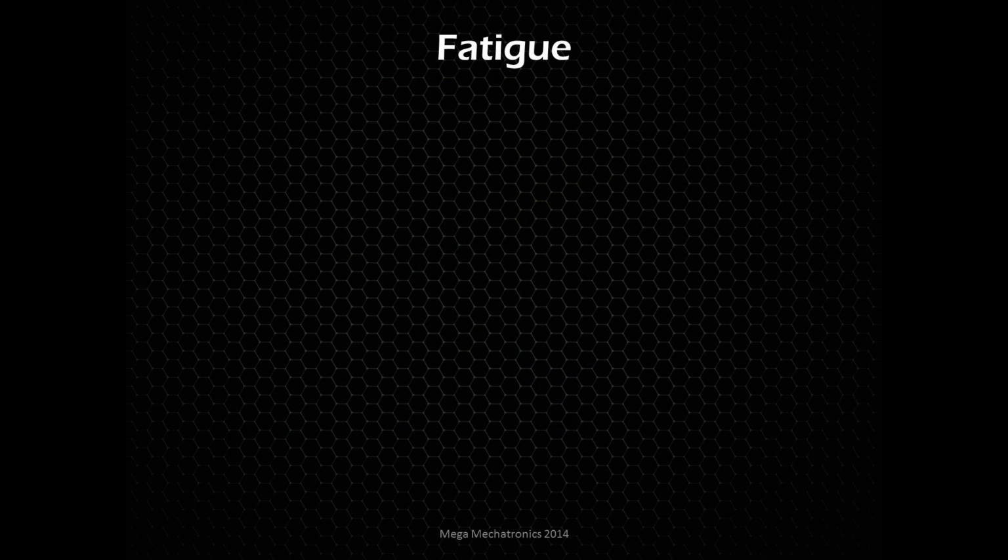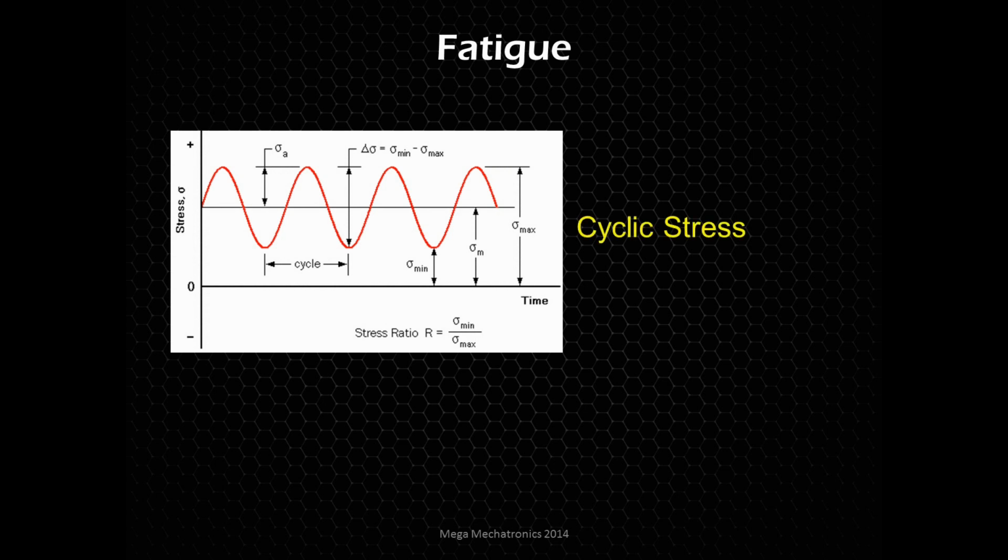All right, let's get into fatigue. Fatigue is typically a cyclic stress on a part, so it's being constantly stressed back and forth. Looking at this chart, you see two scales here, a stress scale on the vertical side versus time. It almost looks like a sine wave, like the power coming into your house or electronics, but this is actually a stress.